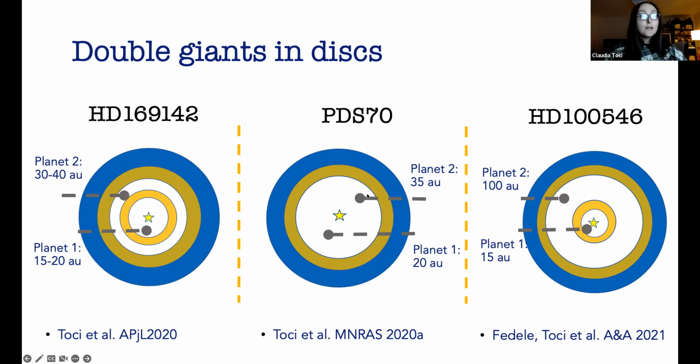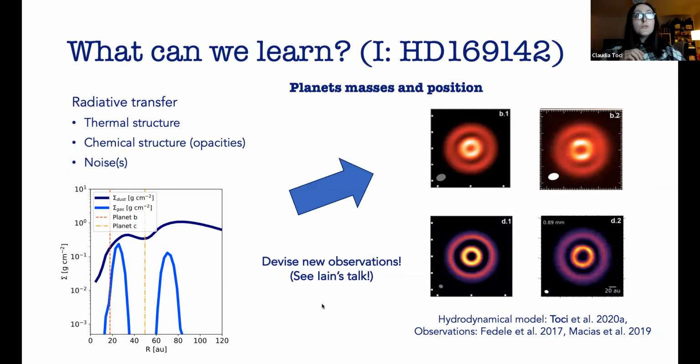And actually, those 2 planets are the ones that we directly revealed, probably because the cavity is so wide and depleted. So I want to briefly tell you what we can learn when we compare our simulation with the observations.